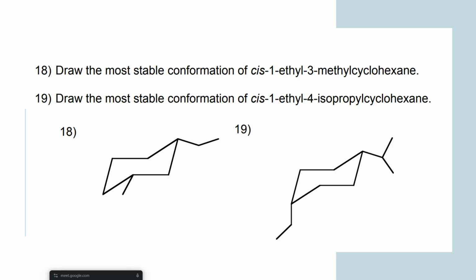Like I said, you cannot place the bulkier substituent in the axial position, so we are choosing ethyl substituent to be the axial one. So this is why the most stable conformation of cis-1-ethyl 4-isopropyl cyclohexane would somehow look like this.